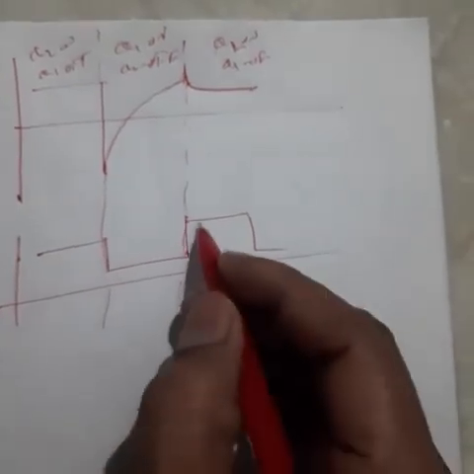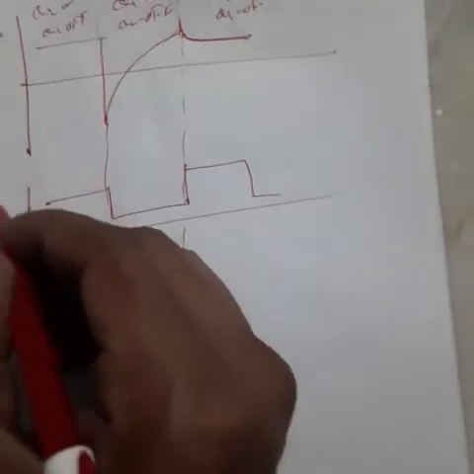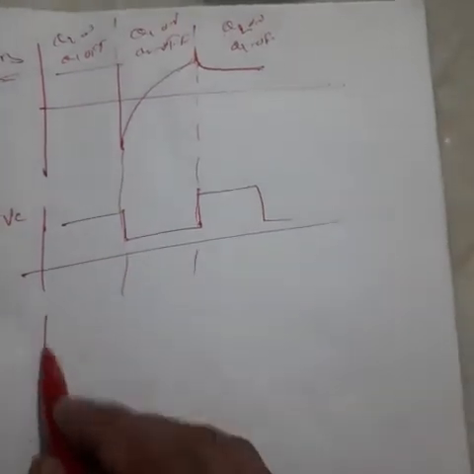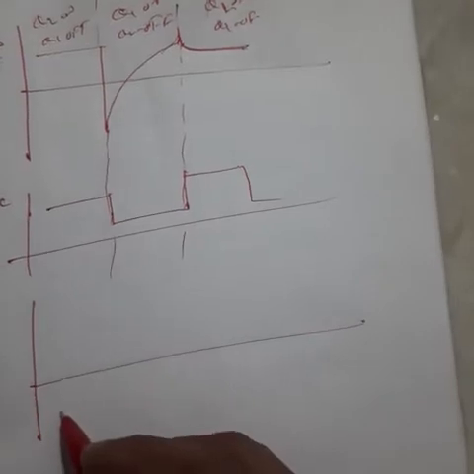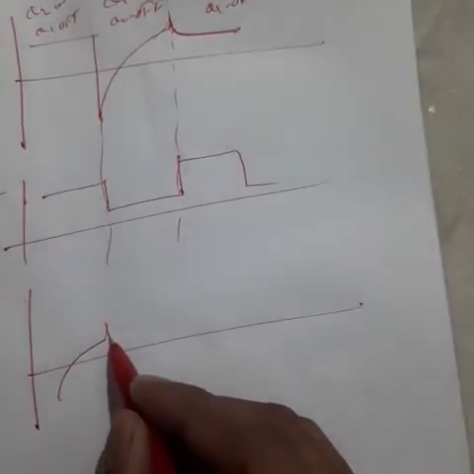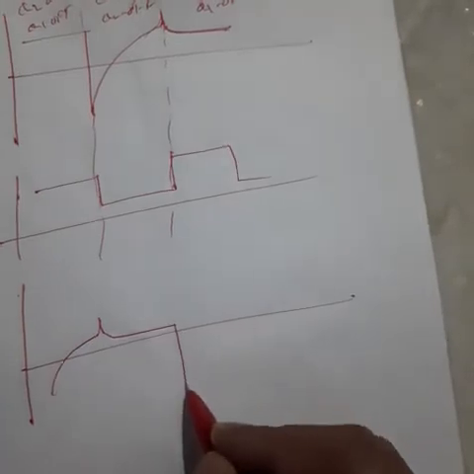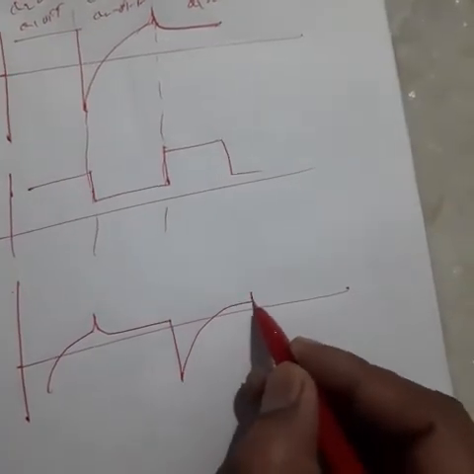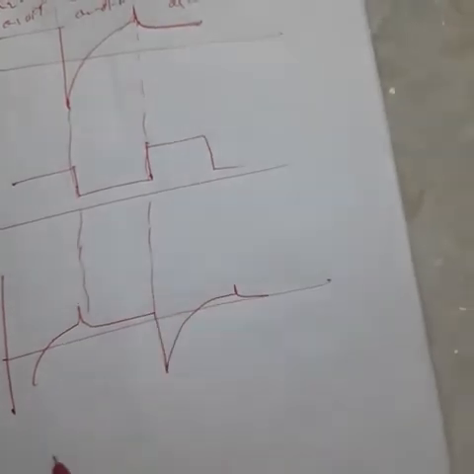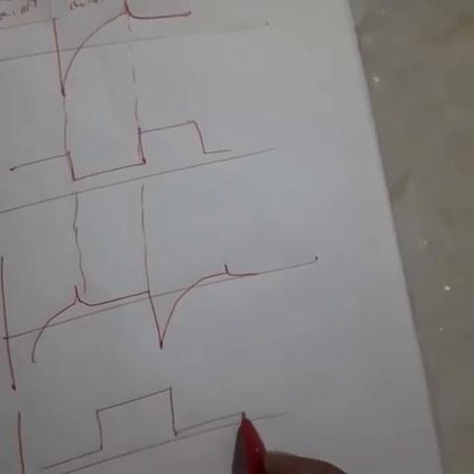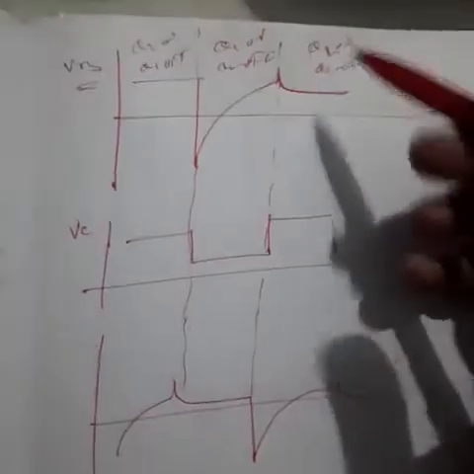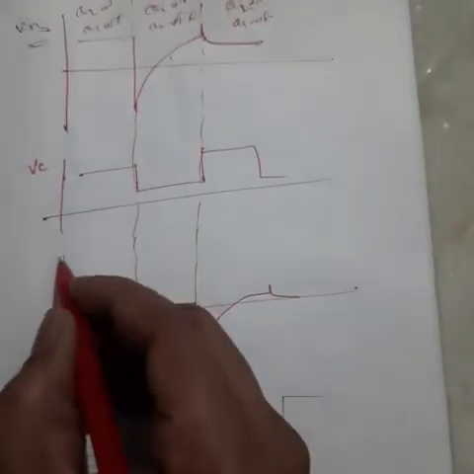Similarly, this is the output square wave. Similarly, another quasi-stable state condition is there, which is the pure opposite of this.